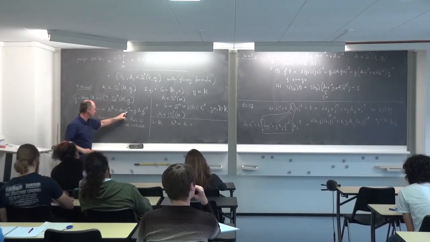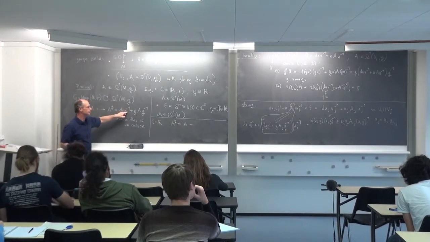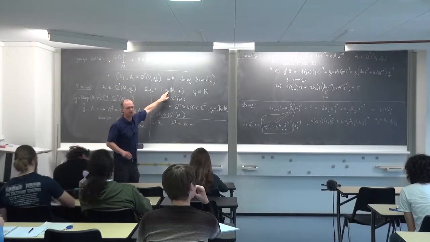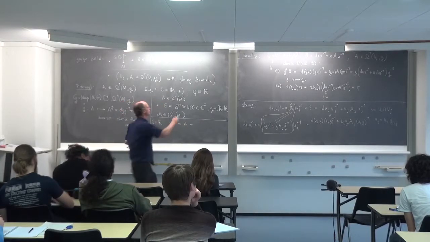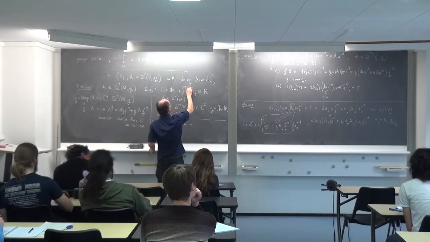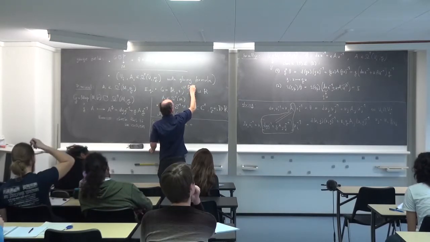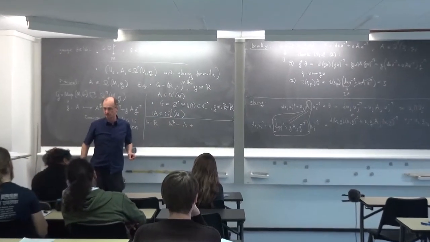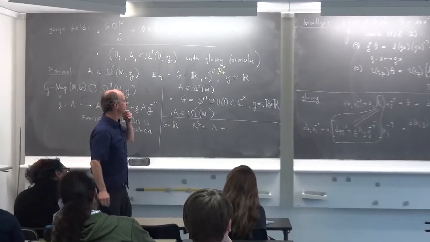Now, we should write this g A g minus 1. Maybe it's not very comfortable to do it for the additive model. So let's note that this is the same as R plus non-zero, so the multiplicative group of real positive numbers.